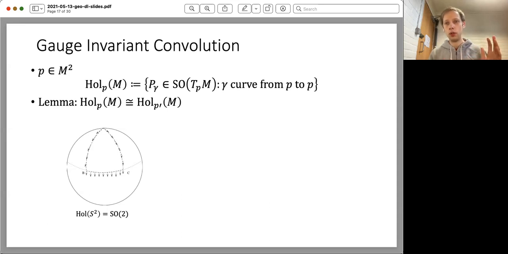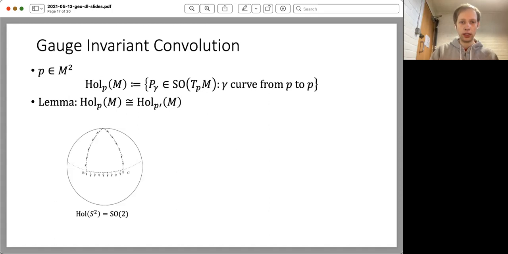If you take a point P in your manifold, then you can define the holonomy group at P. It's defined to be the collection of all parallel transports P gamma, the parallel transport along a curve gamma which starts in P and ends in P. It's a lemma that the parallel transport is always an element in SO(T_P M), a special orthogonal transformation.